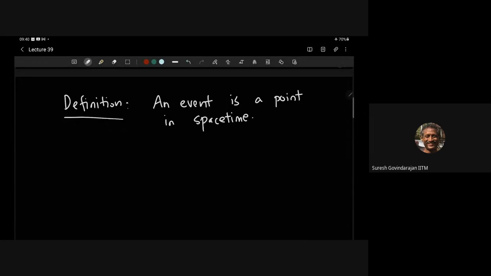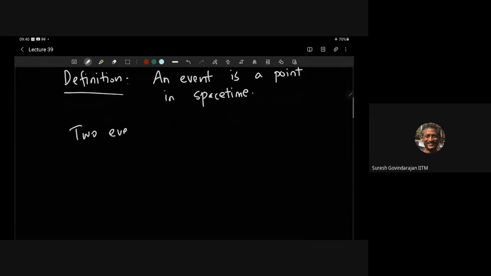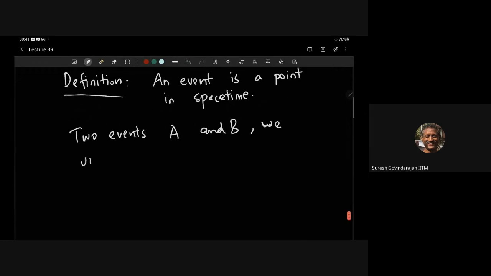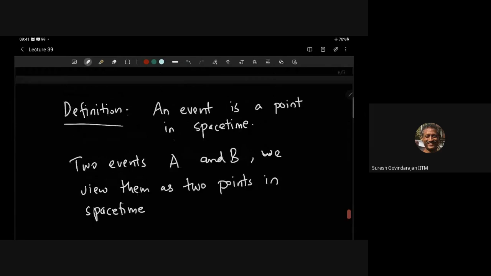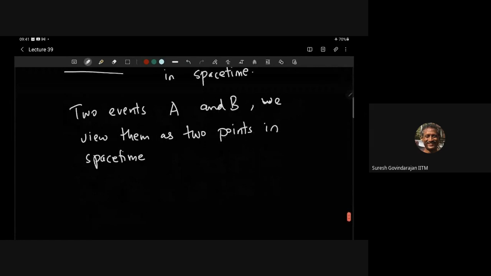If you have two events, A and B, I have to tell you the space-time coordinates of A and the space-time coordinates of B, and then we can define a separation or a displacement.